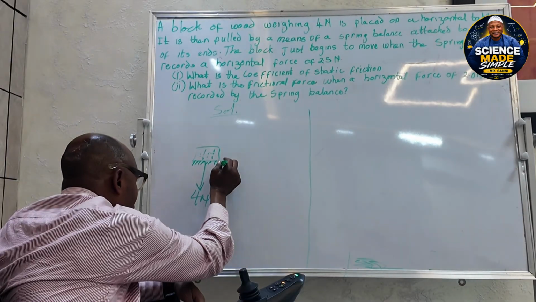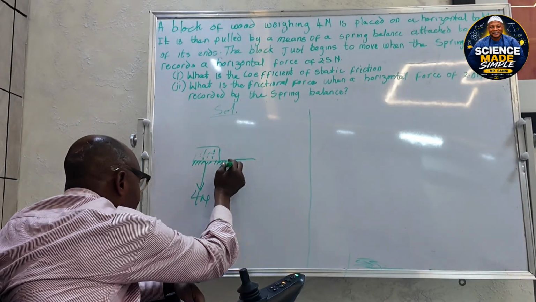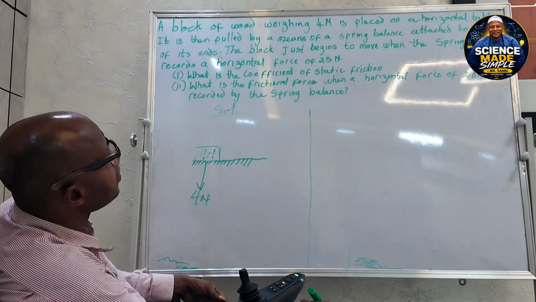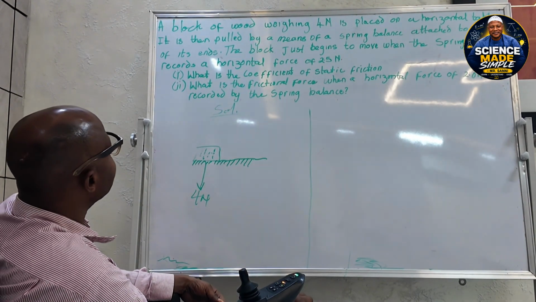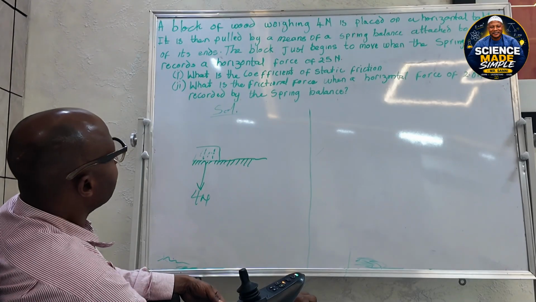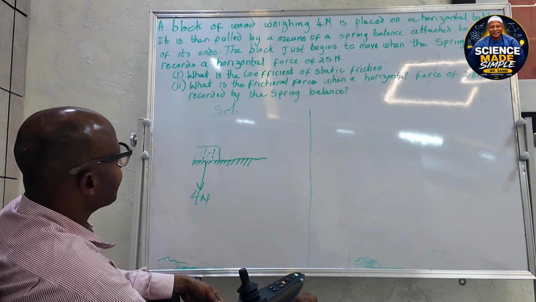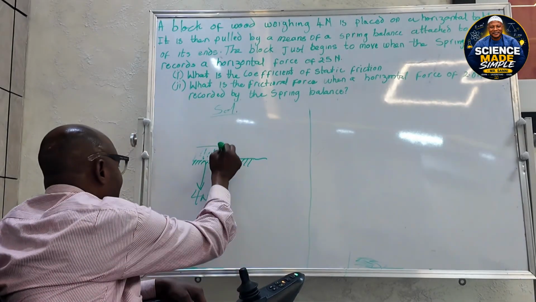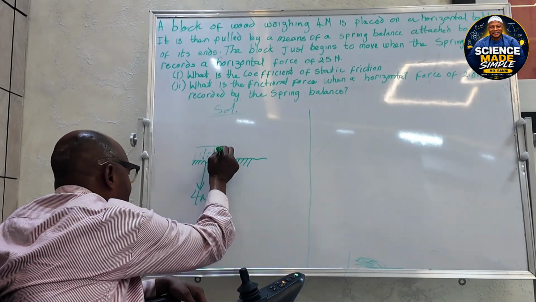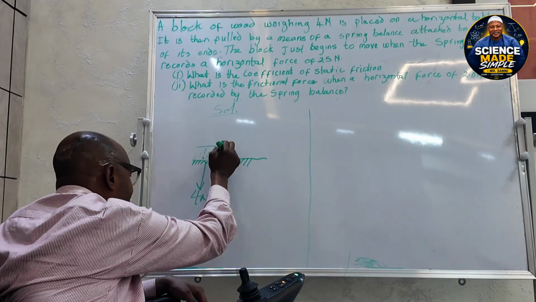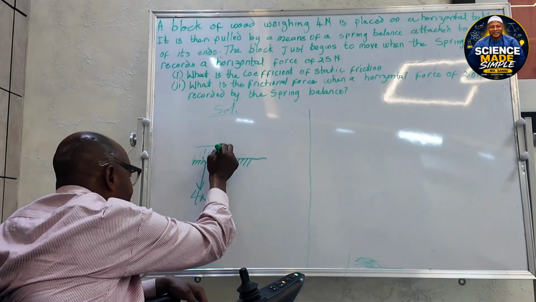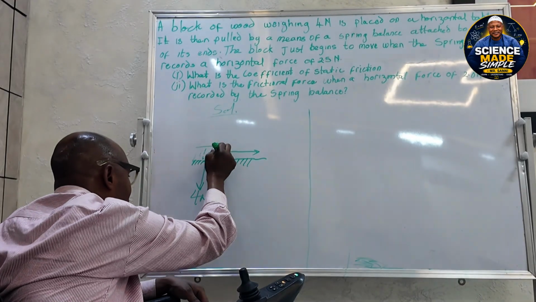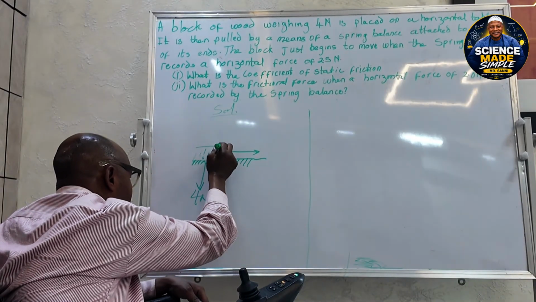Let's say this is the horizontal table. It is then pulled by means of a spring balance attached to one of its ends. Let's say it is pulled, the spring balance attached here. Let's say this is the point of the spring balance.